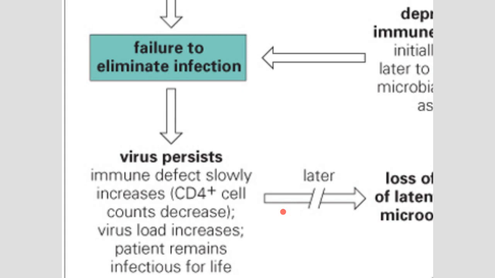Okay. So there's a term for that. Say it again. Yeah, but there's a very specific answer for that. It doesn't need to recognize the virus. CD4 doesn't recognize the virus.